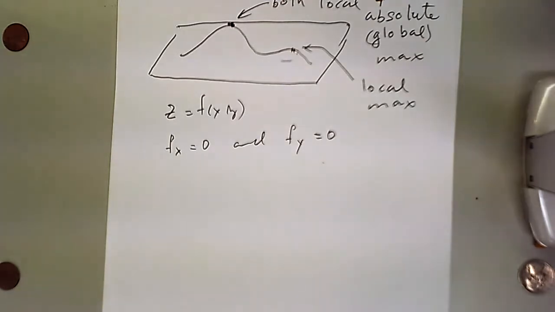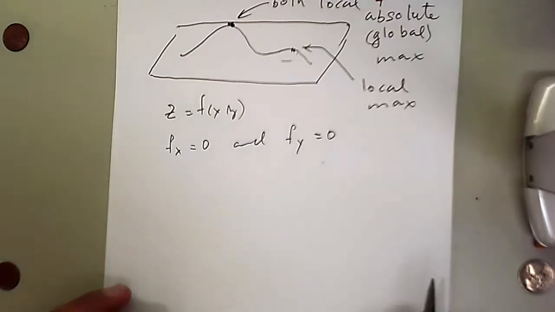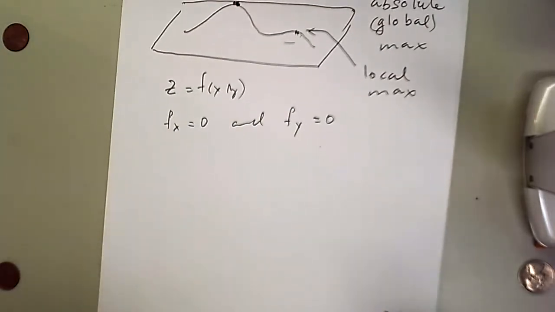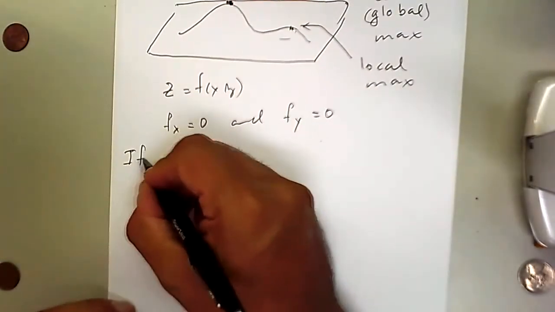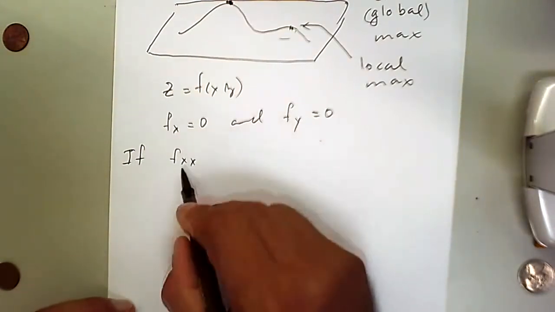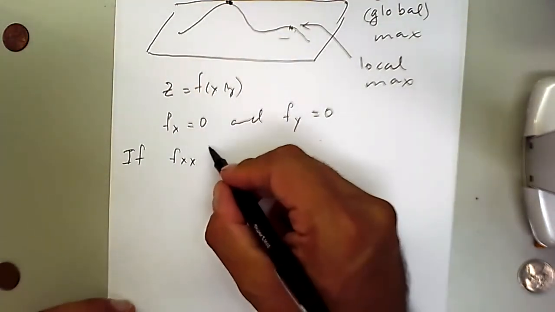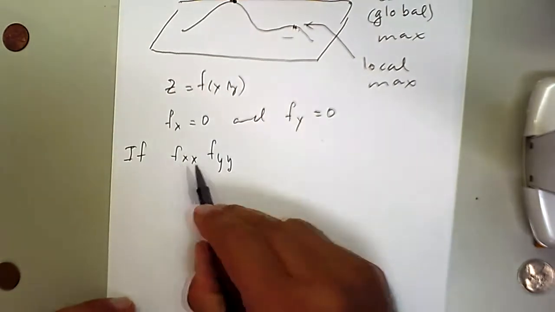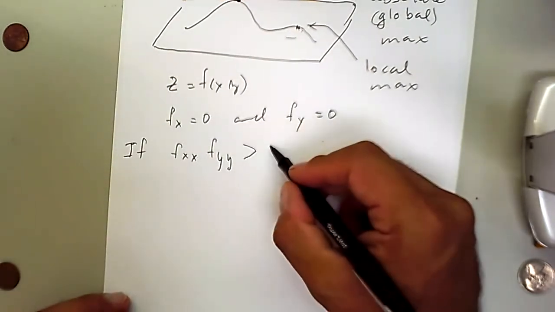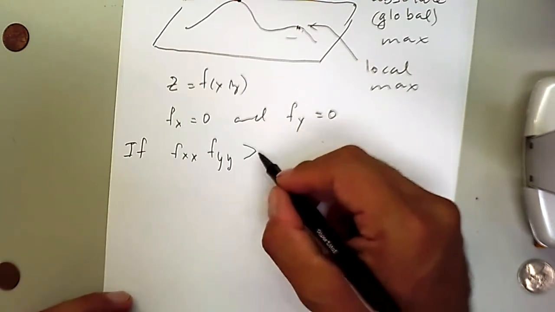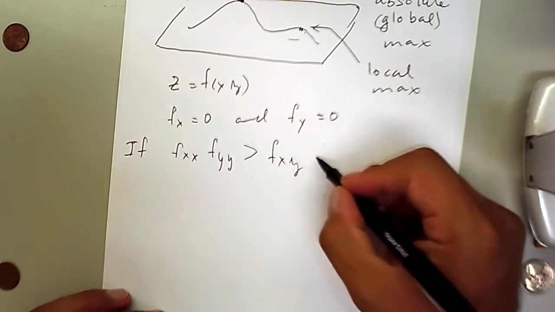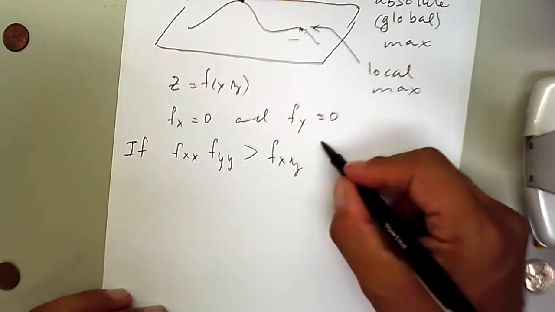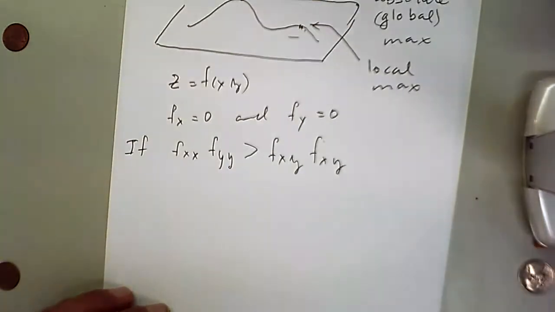Okay, so here's the deal. We have to introduce the second derivatives with respect to x, second derivatives with respect to y, and second derivatives combined. So if f sub xx, the second derivative with respect to x, multiplied with f sub yy, the second derivative with respect to y, is greater than only, not equal, to the combined derivative squared, so f sub xy times f sub xy.